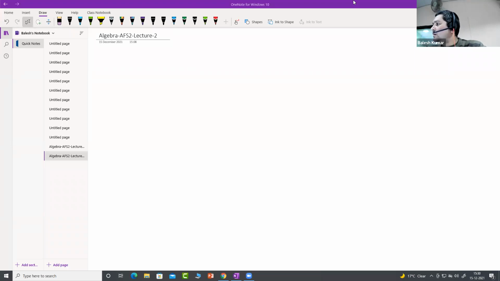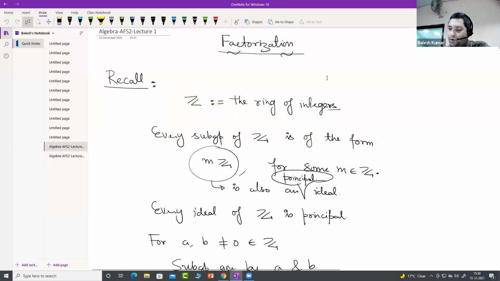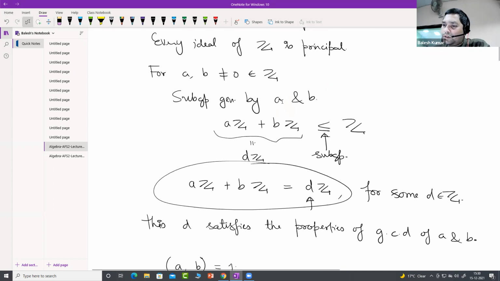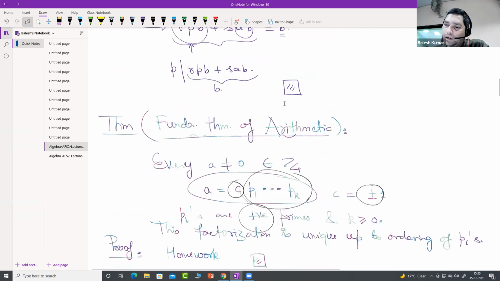So let me just recall that in the previous lecture, we recalled the properties of the ring of integers, and we also discussed the properties of the polynomial ring.